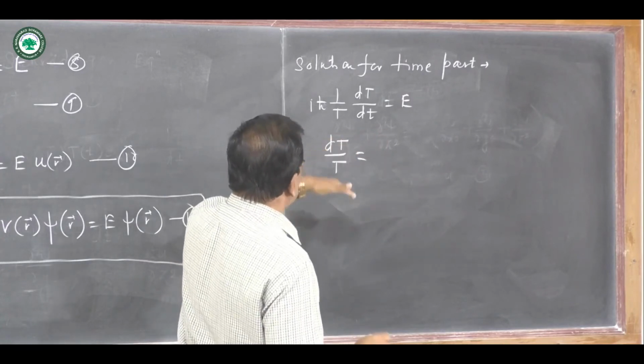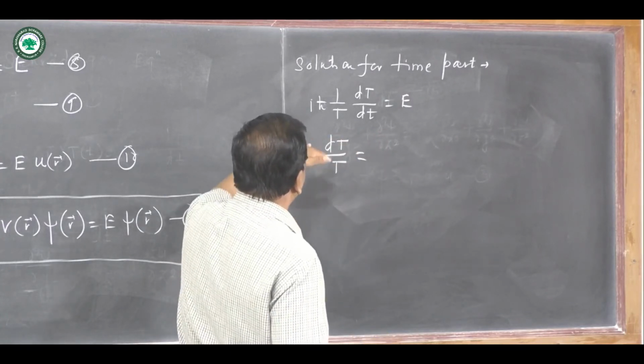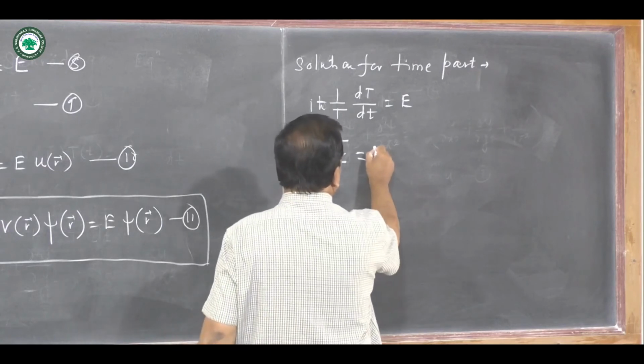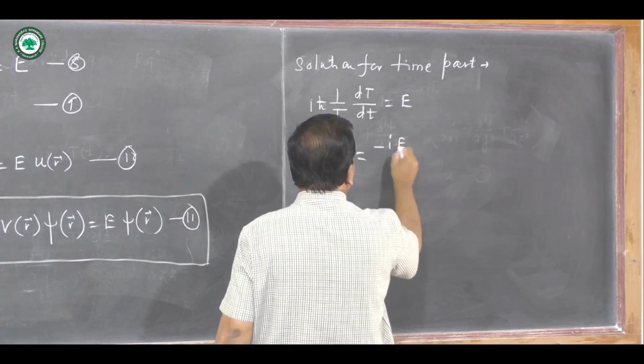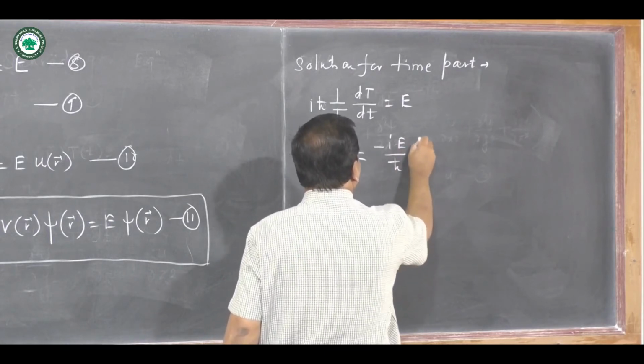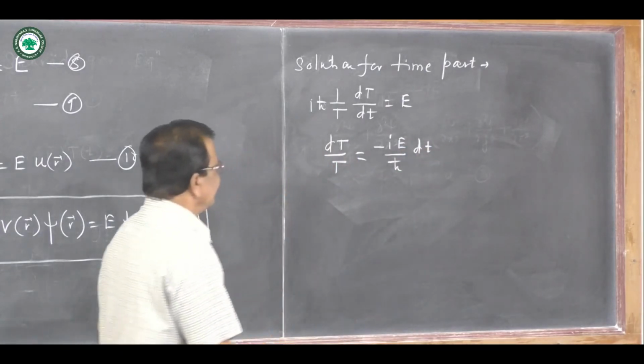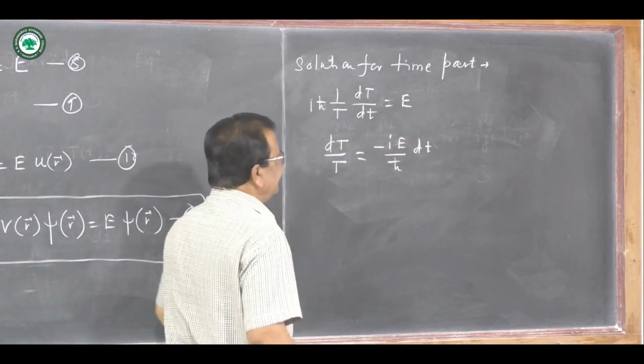E upon i h cross, i goes to the numerator and becomes minus i E upon h cross dt.